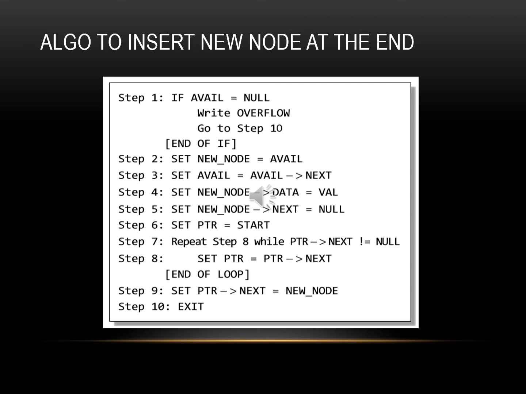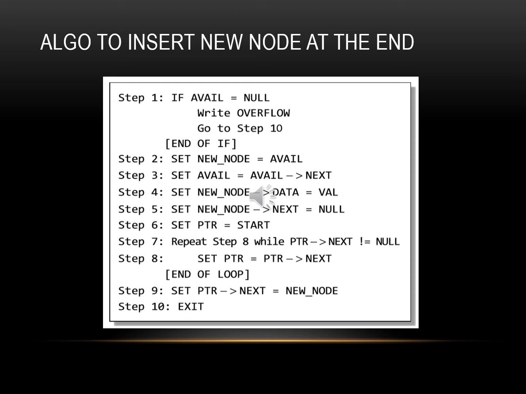So the first 3 steps remain the same as before. So we will see from step 4. Set new node data equal to value. So in the data part of the new node we can easily give the value, which in that figure we have already seen was 9, and new node next equal to null, because it is going to be the last node, so obviously the next part of the new node will be null. Set pointer equal to start. So we have taken an extra pointer, because we are not willing to move the start pointer.